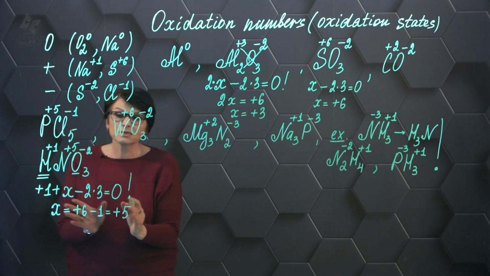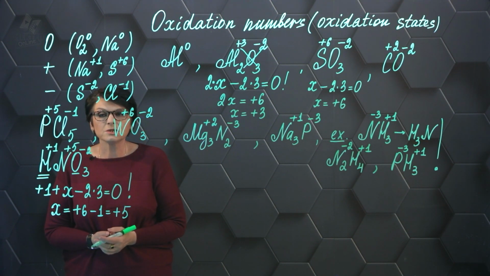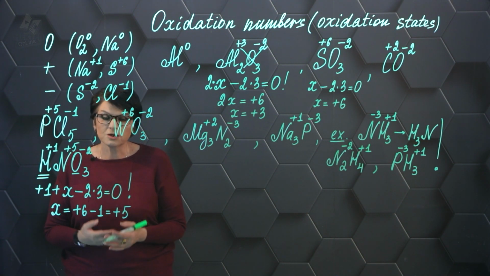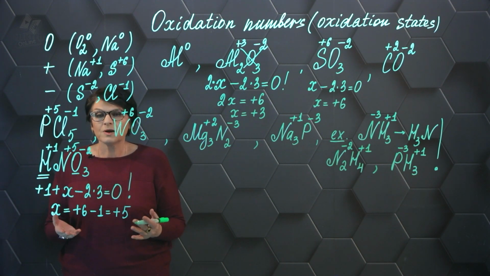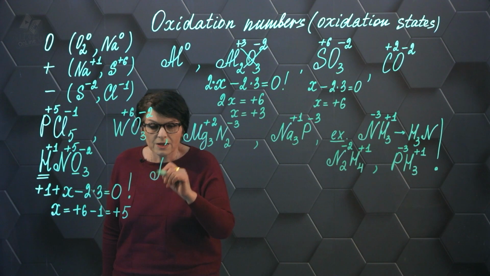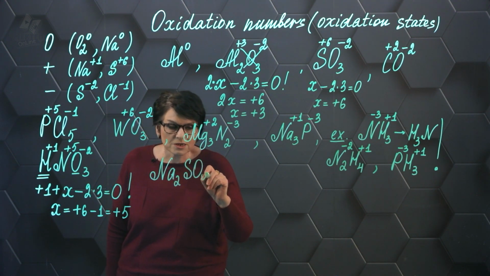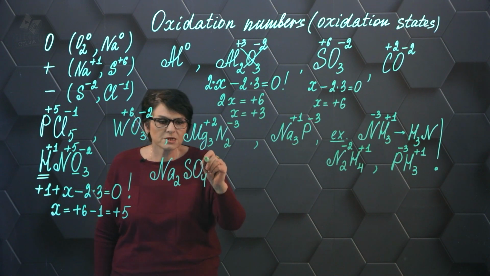Writing down an equation like this each time is not necessary at all. If you are able to perform it mentally, it would greatly impress and benefit you. You have the capability to independently perform such calculations. Next is Na2SO4, sodium sulfate. Let's begin with oxygen, -2.